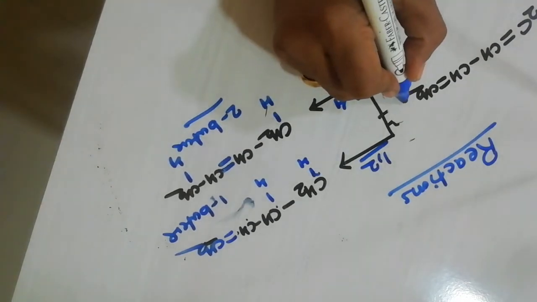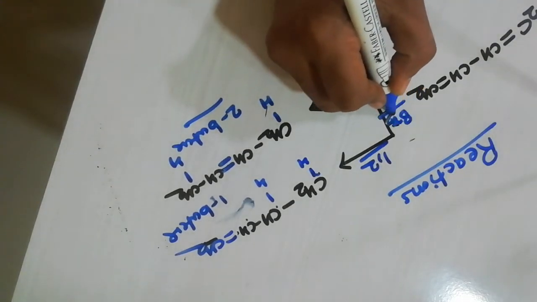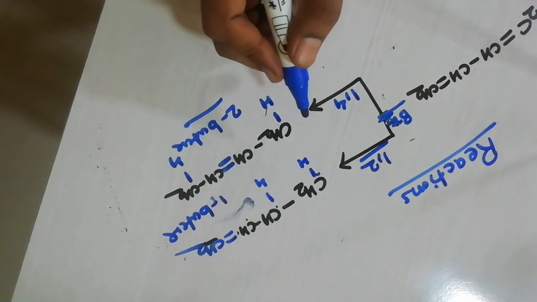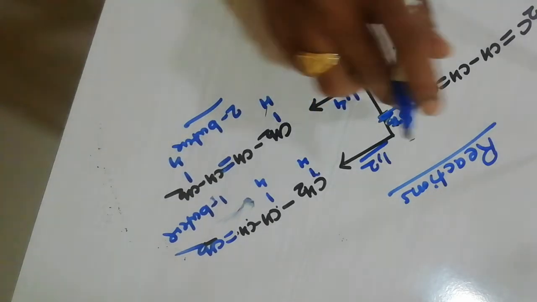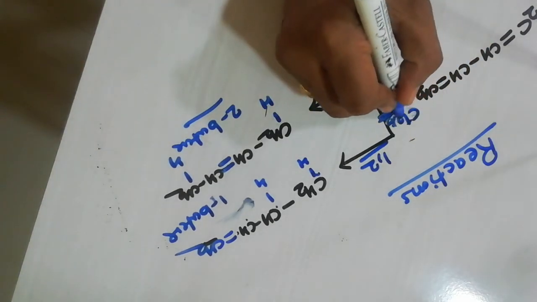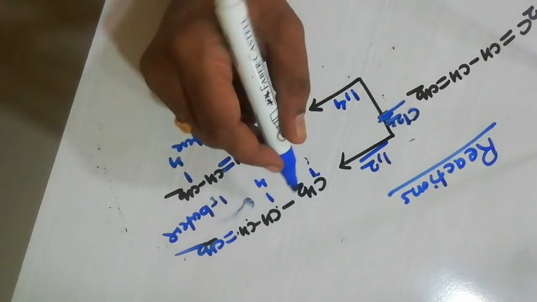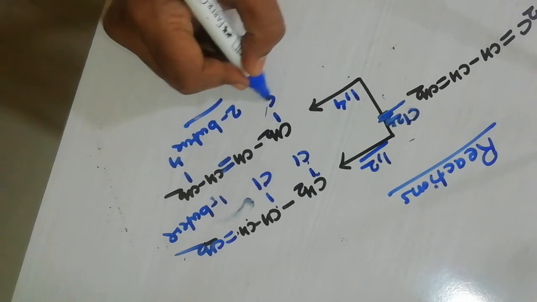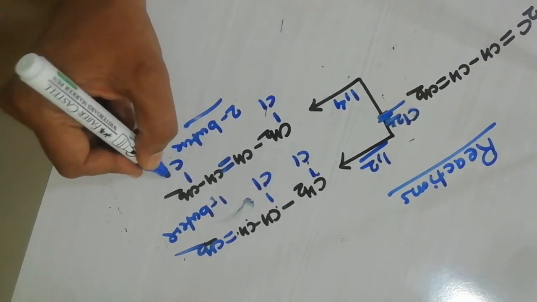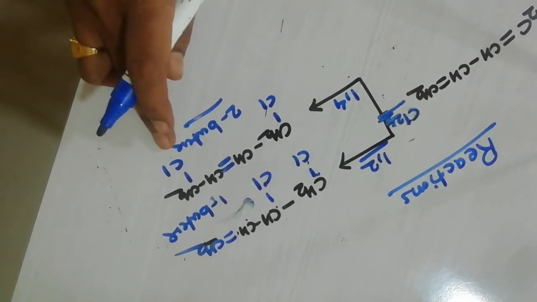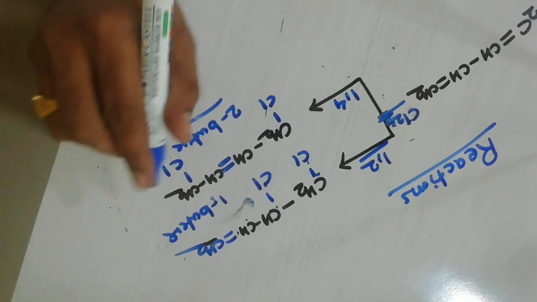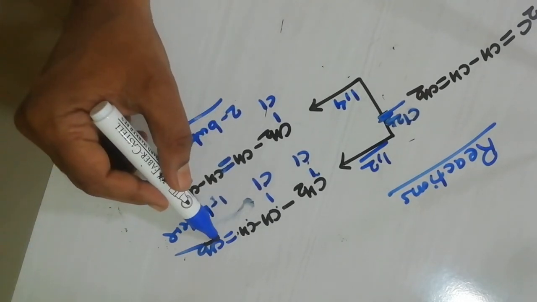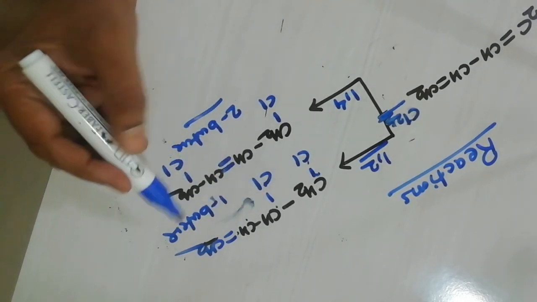Now let us see if I have an addition of Br2 or Cl2 to it, what will happen? If I add Cl2 to it, instead of H there will be Cl, here again you will get Cl, here you will get Cl, here again you will get the Cl. So what are the compounds that we will get? The name of the compound will be 1-butene with a substituted chloro group.